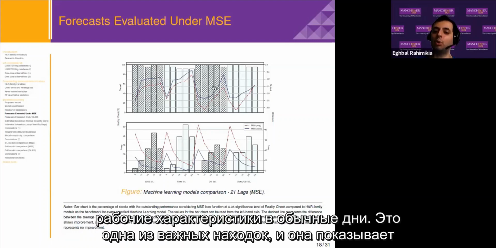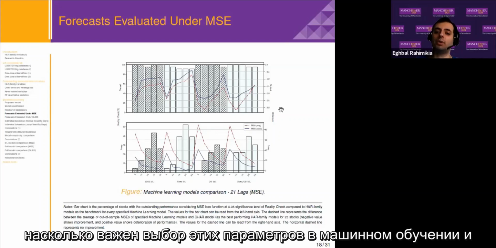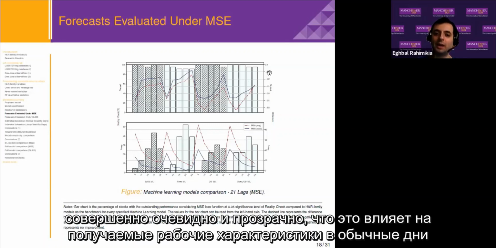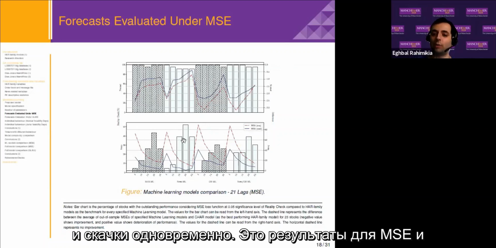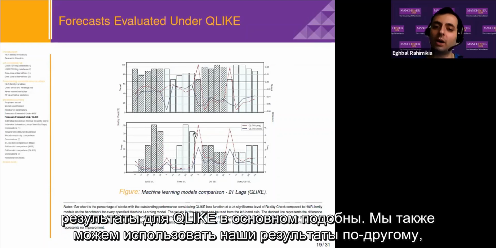This is one important finding, and it shows how important the selection of those parameters in machine learning is. It is totally transparent here that it affects our performance for normal days and jumps at the same time. These are the results for mean square error, and the results for Q-like are mostly similar.